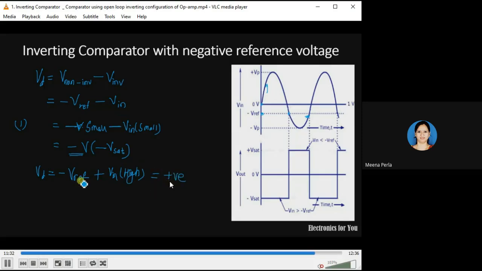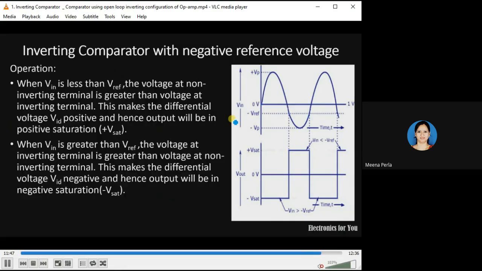That will give you a positive saturation value. We can consider this high value as positive. That's why VD will be equal to positive V sat. So in the waveform which we have seen, V in is less than minus V reference in one region, and V in is greater than minus V reference voltage in the other, and the operation can be stated here.